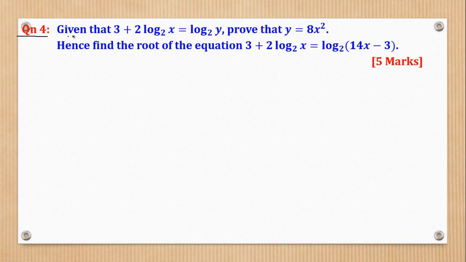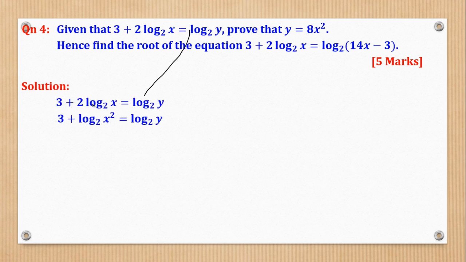Question 4 says, given that 3 + 2 log base 2 of x is equal to log base 2 of y, prove that y = 8x squared, and hence find the root of the equation this. So we shall first rewrite the given equation, then look for a way of eliminating the logarithm. First we shall combine the logarithms. So this goes this side to give you x squared.